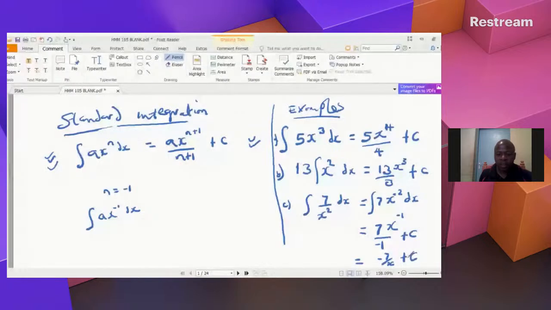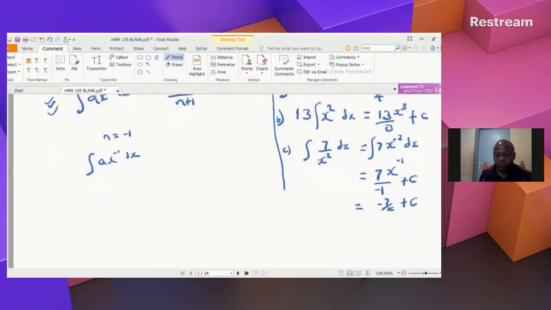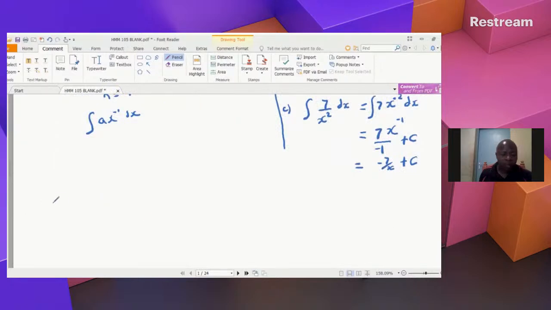Let's take one more example here before we proceed to integration of trigonometric functions. I want the integral of 7x raised to 3 plus 8 over x cubed plus 9 times the root of x.